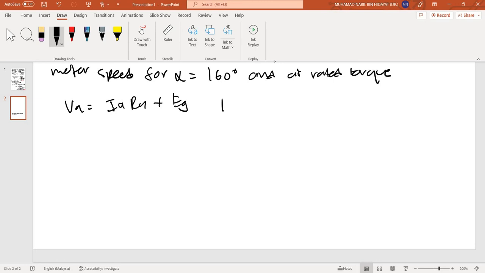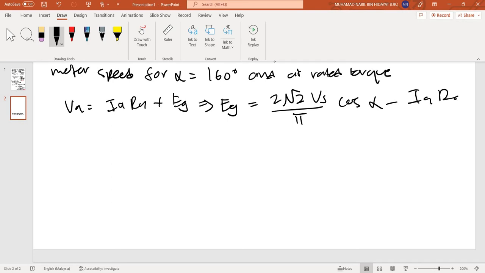From another equation, your armature voltage equals 2 Vs over pi cos alpha minus IA RA. We substitute VA with the output of the converter.